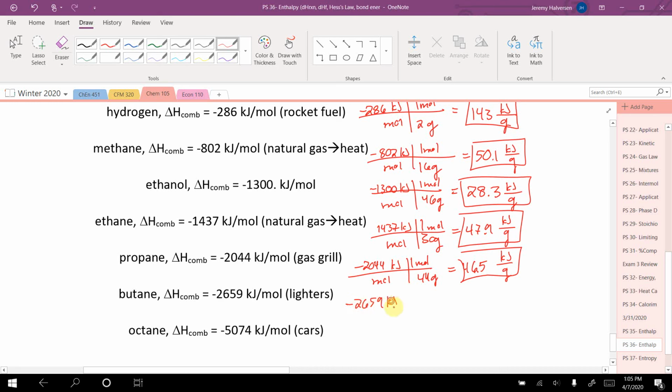Butane. Butane is C4H10. Which gives me 45.8. And lastly, octane. Octane is C8H18.